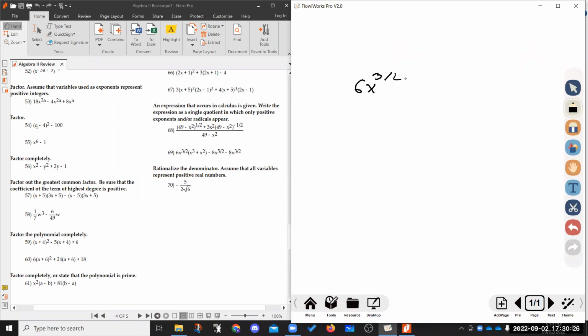6x to the 3/2, 3x to the third plus x squared minus 8x to the 5/2 minus 8x to the 3/2.